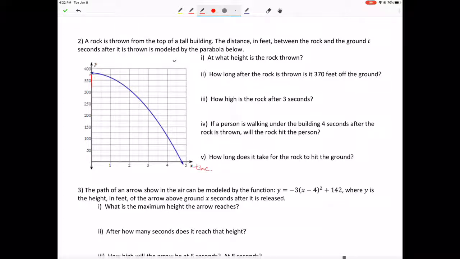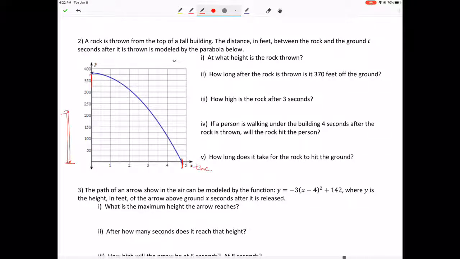It's not how far it lands from the building. It's how long it takes for it to hit the ground. So if you were on top of a building and you threw a rock just right here, it could just fall straight here, and when it finally hits the bottom, that could be that time where it hits the ground, 4.8, something like that, okay?